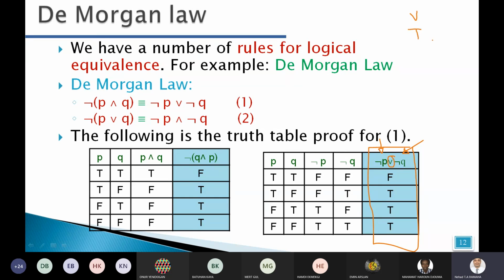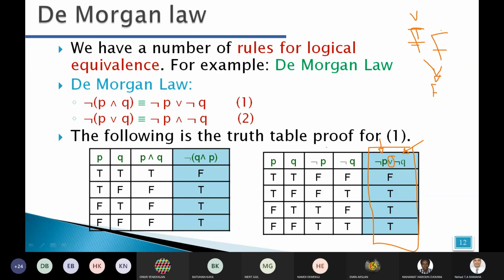Then if you have it true for any side, this side or the other side true, you will have the result true. If you have both sides false, then the result will be false.